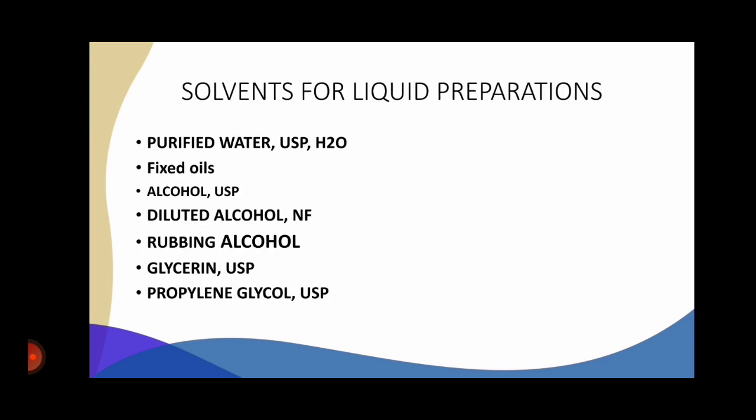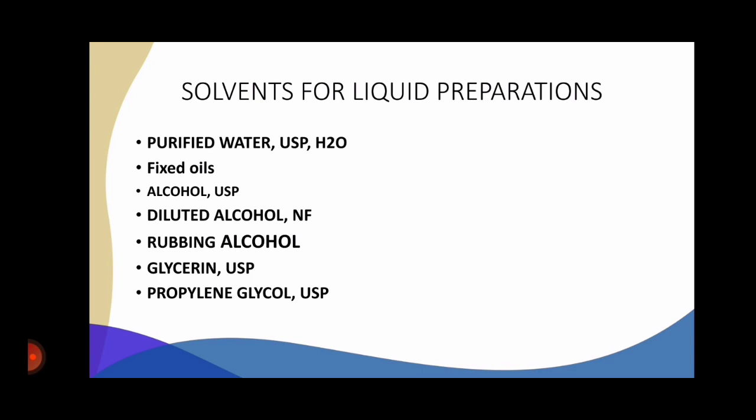So the following agents find use as solvents in the preparation of solutions: purified water USP H2O, fixed oils, alcohol USP, diluted alcohol NF, rubbing alcohol, glycerin USP, and propylene glycol USP.